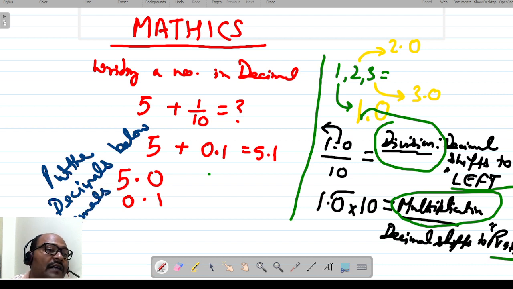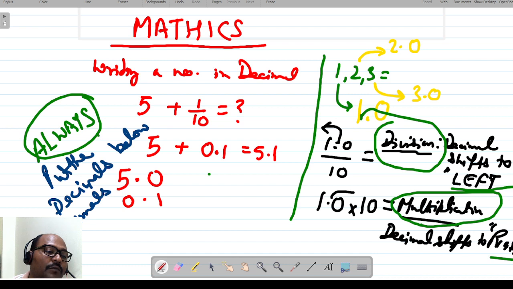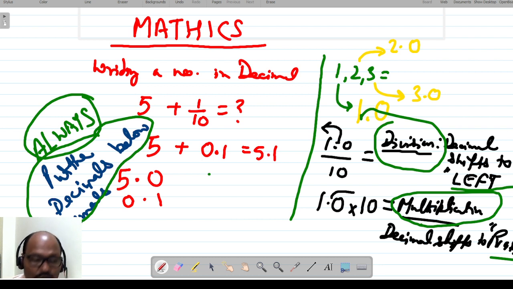This is not just one case, it has to be kept in mind and done always. You have to follow this rule. So here 5.0 is added with 0.1. What will be the answer? Tell me, students. 5.1. Good.